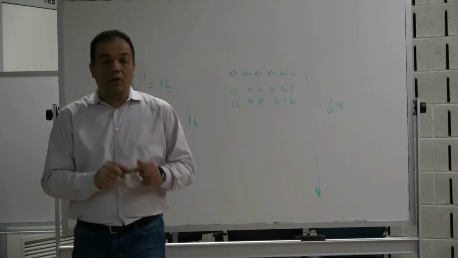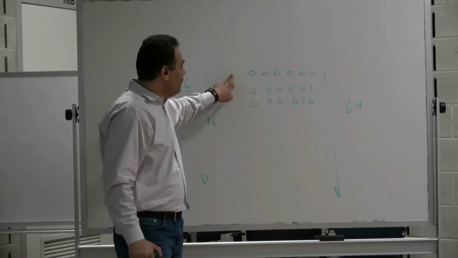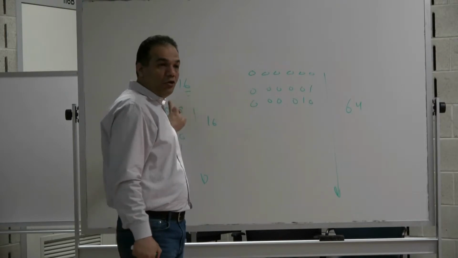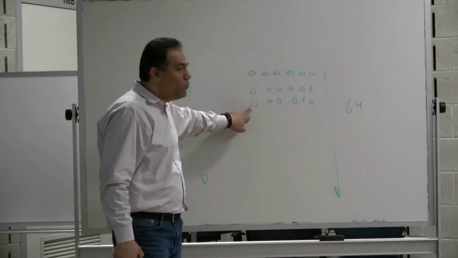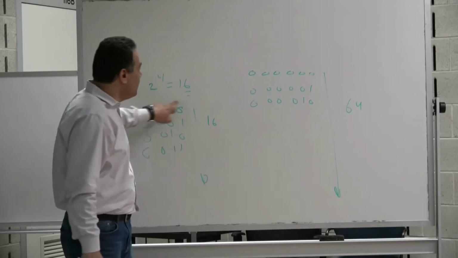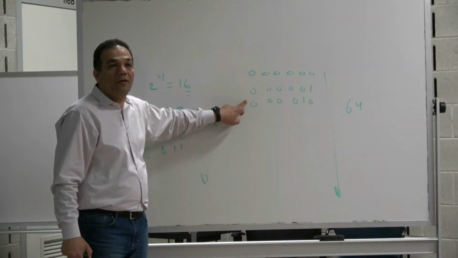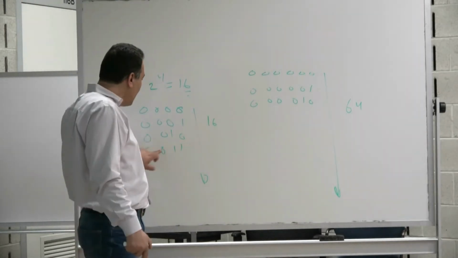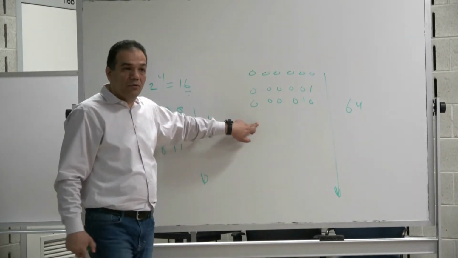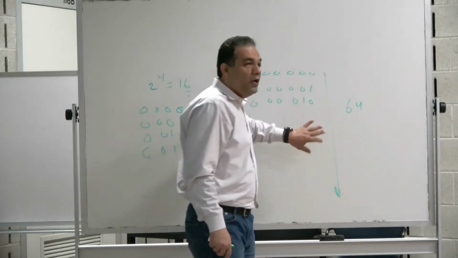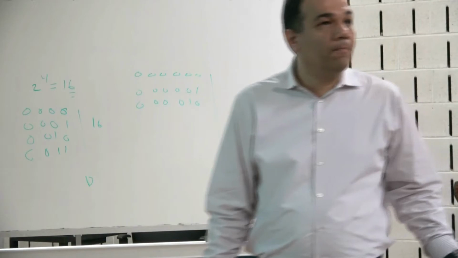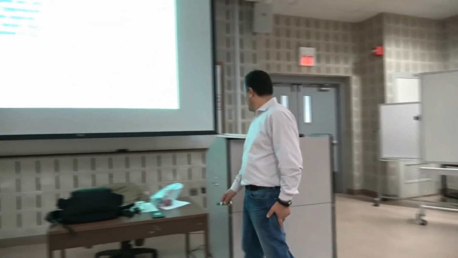So if I have 64 messages, each one will generate a digest. That means each digest, how many messages could it have? 4, right? If I map one digest to every message, 4 messages will have the same digest, and that is what a collision is, right?